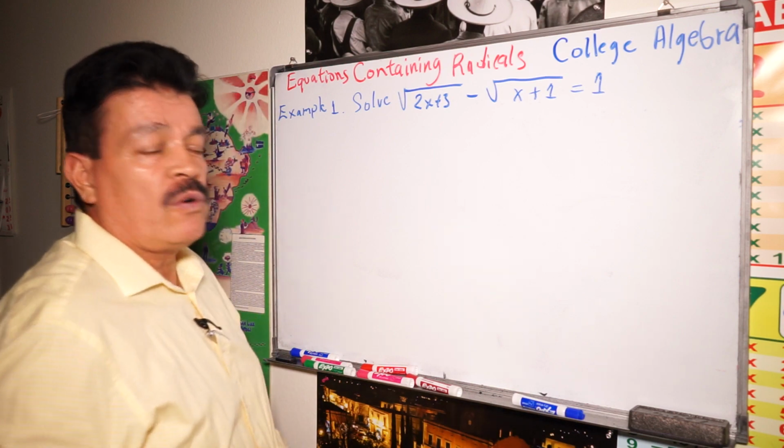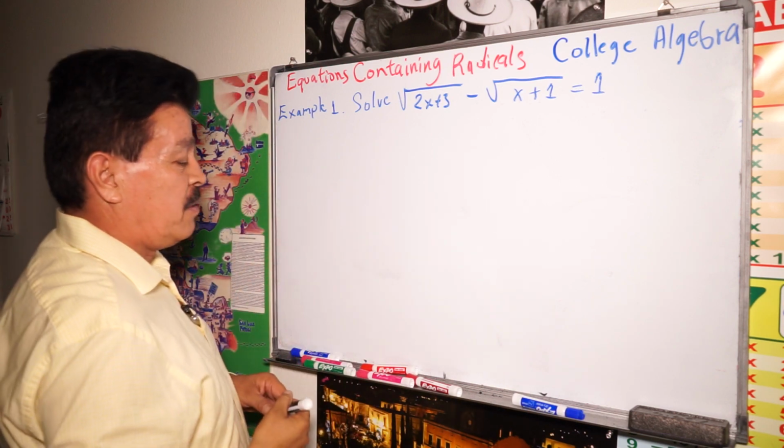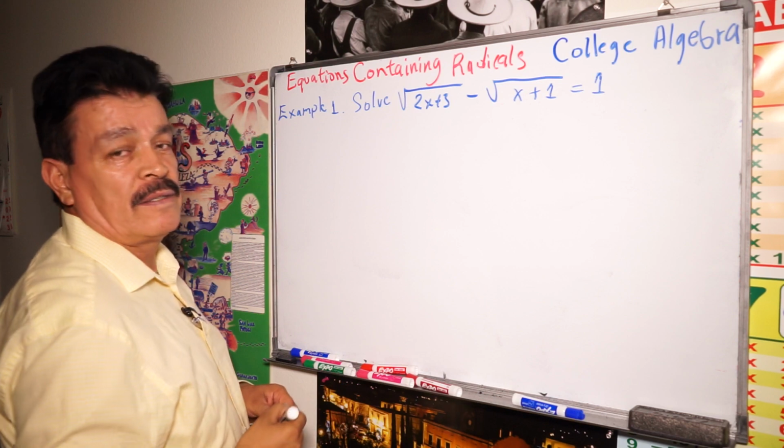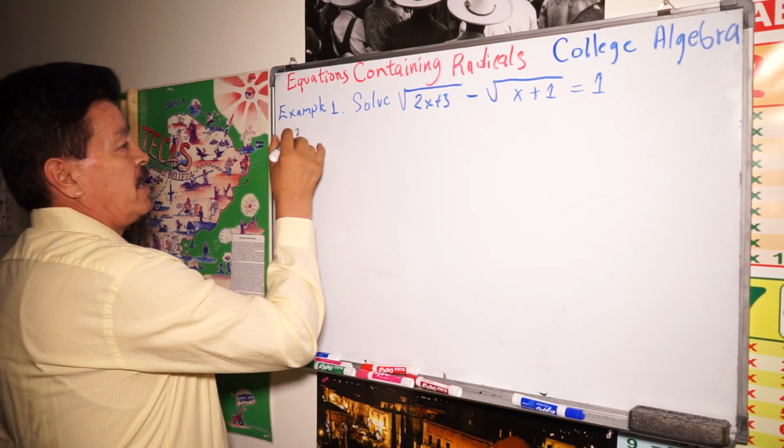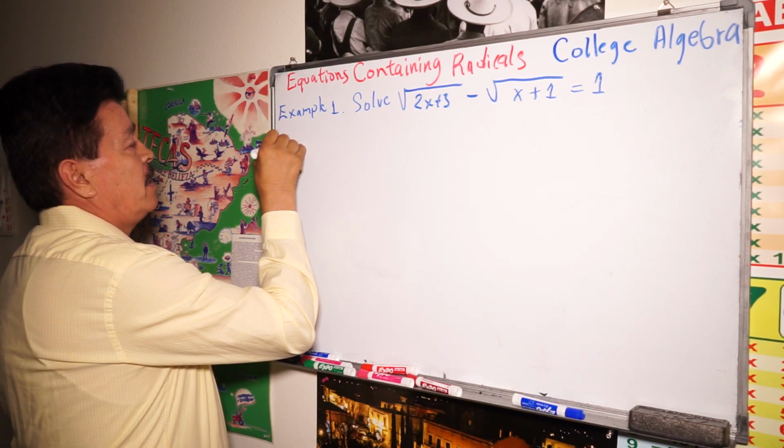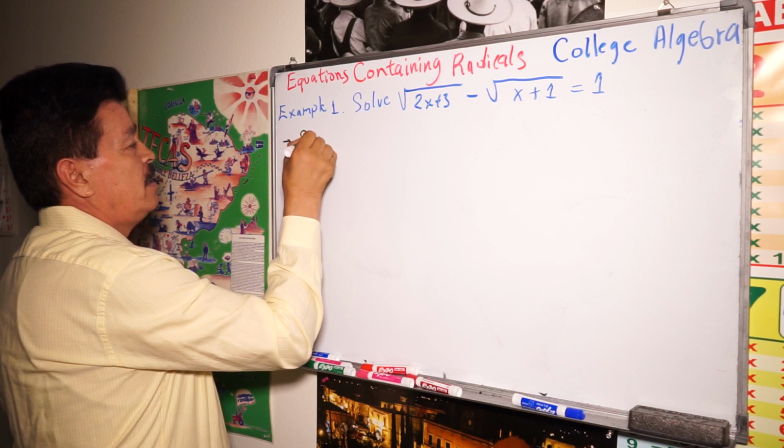Now, the next step here is to square both sides.